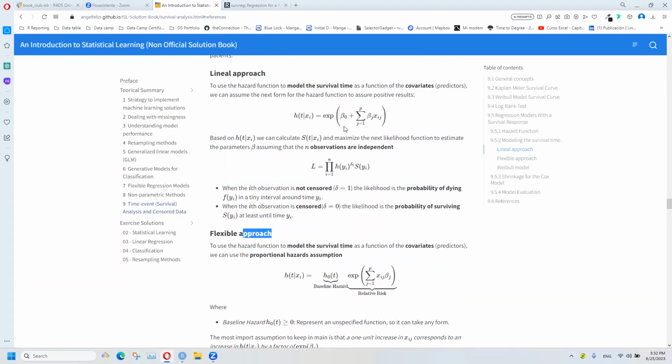So instead of assuming an intercept here, we assume a baseline hazard that can take every function shape, every distribution, and we also have the relative risk.